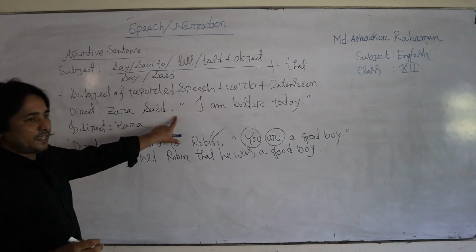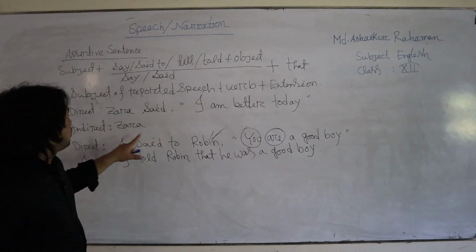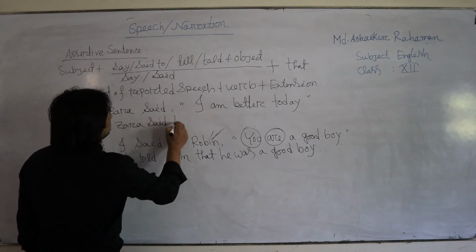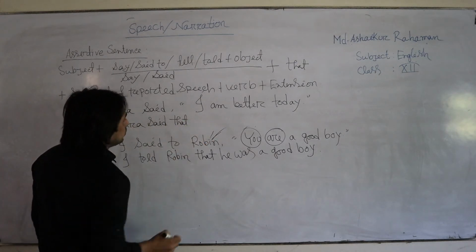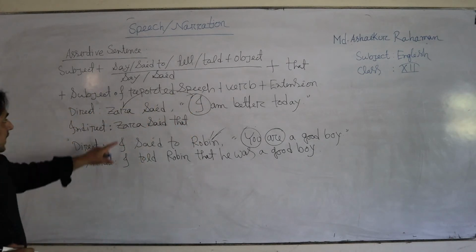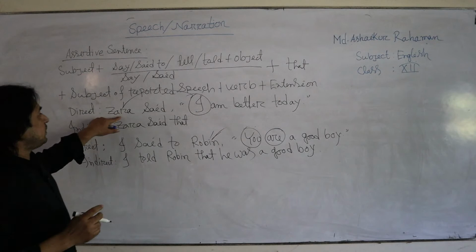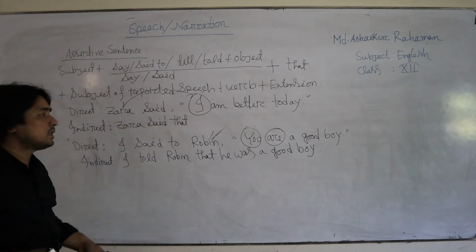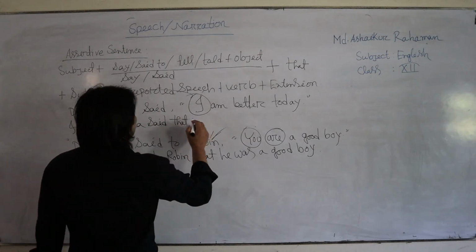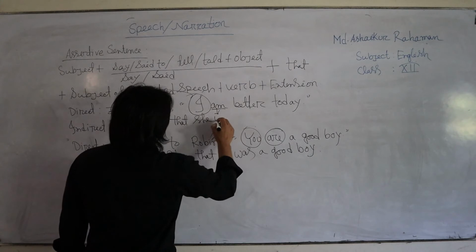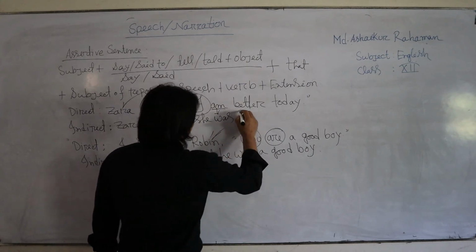As there is no object in reporting speech, we must use said, and then that, as per the rule. I always will take the subject of reporting speech. As there is only the subject, that's why Zara. As we have mentioned Zara here, we must use her pronoun form, that is she. Am will turn into was.